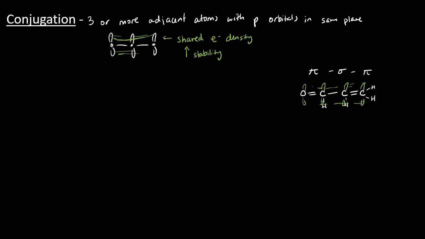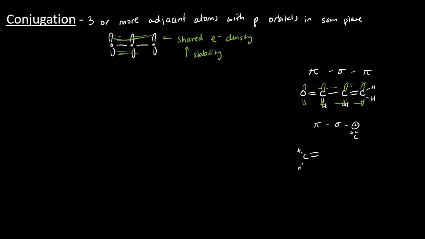Another pattern that we see is pi, sigma, and then positive charge on carbon. All right, this is something that you probably haven't seen before this class.